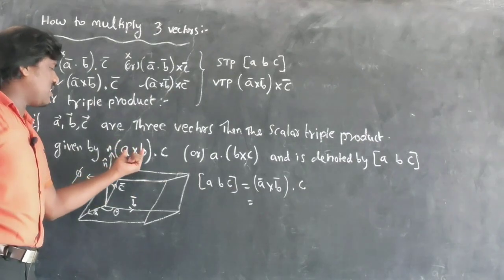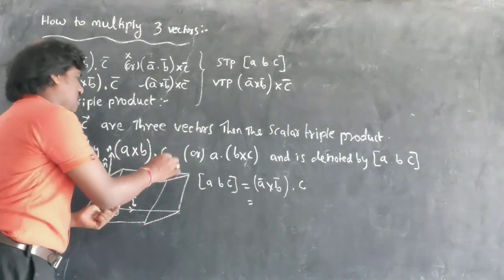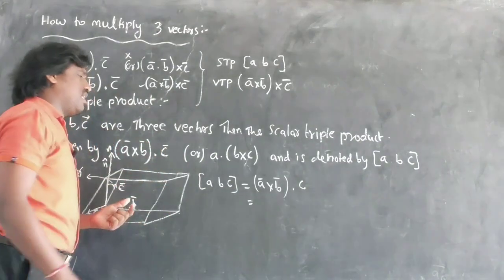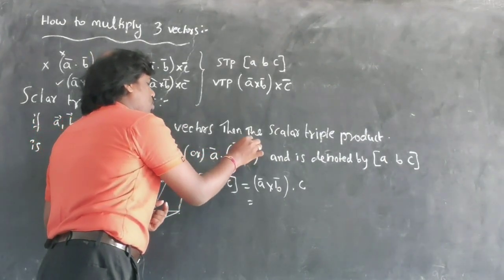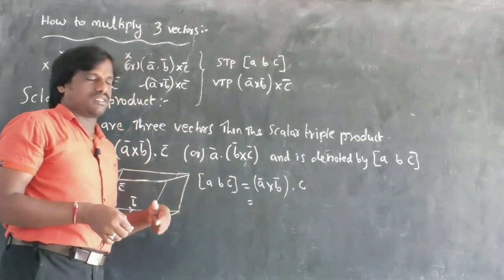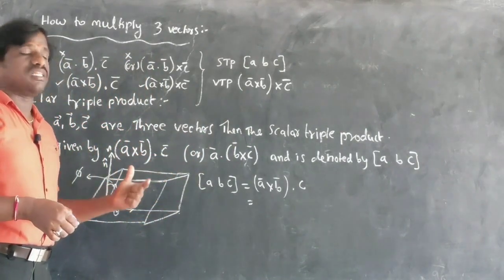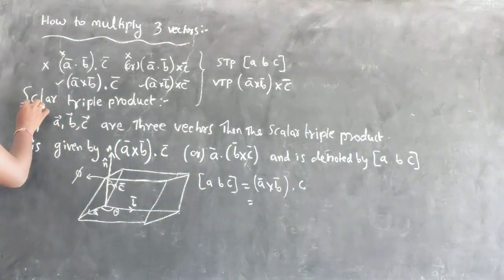A cross B is a vector, dotted with another vector, so I am going to get a scalar. Or I can use a vector dotted with the cross of another two vectors. I can do these two things. This is what we call the scalar triple product.